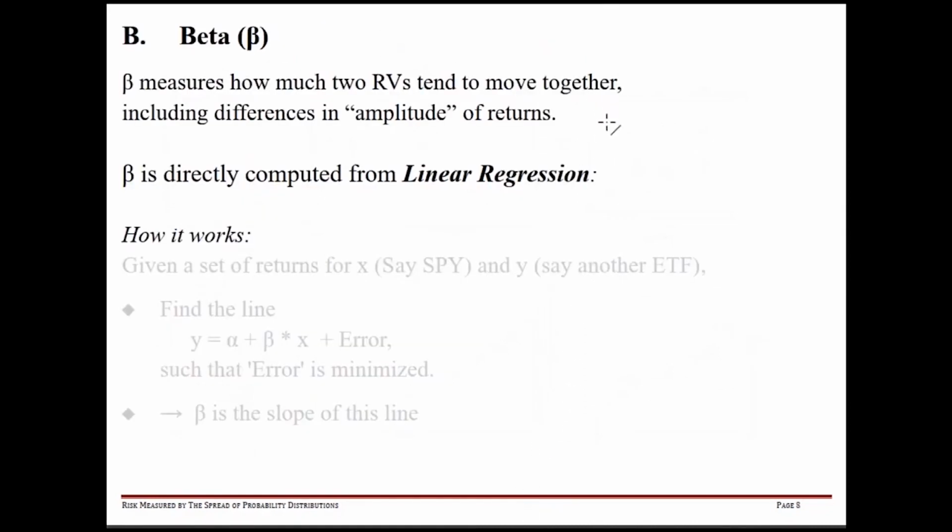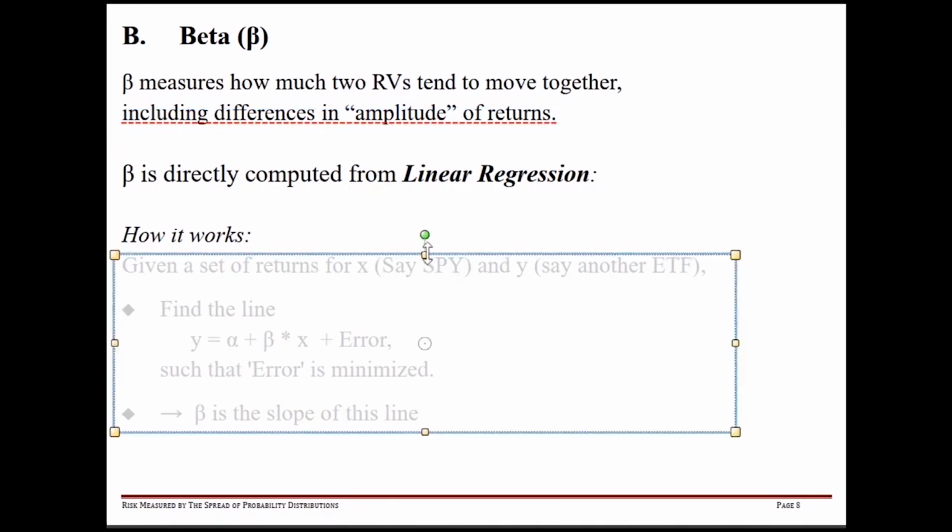Okay, our second measure of correlation is beta, and you definitely need to know what beta is also. Beta measures how much two random variables move together, including the amplitude effect differences. There are two ways to get beta. The most common way is from a linear regression.